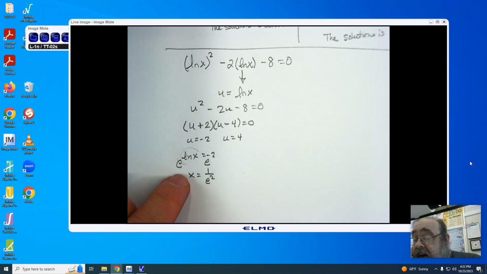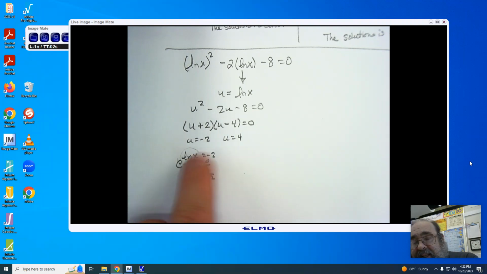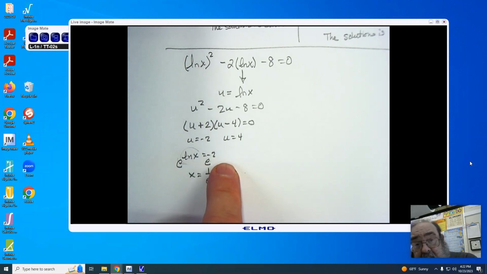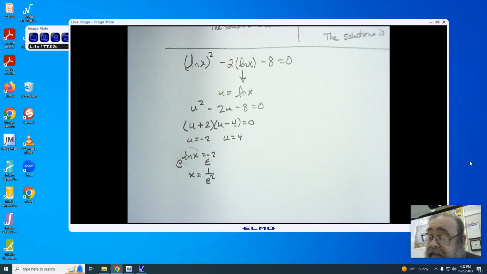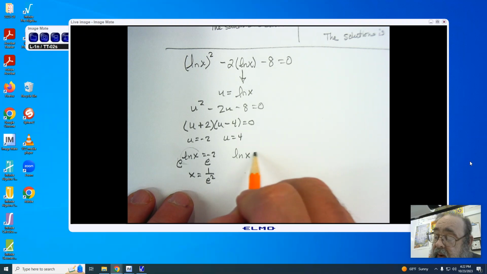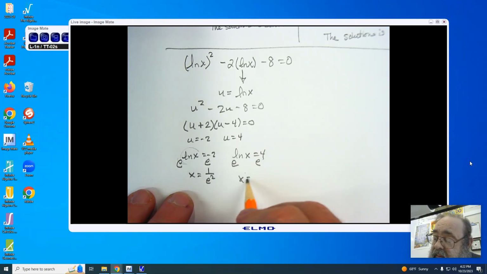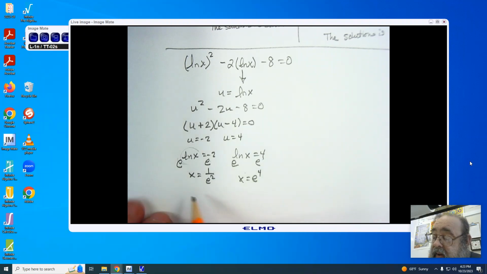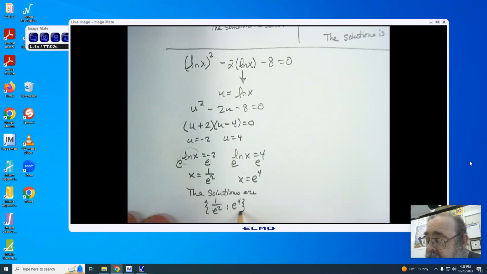I was thinking, wait a minute, it doesn't inside. But that's outside, and that's an exponent. And exponents can be negative. Then we have the natural log of x equaling 4. I'm going to exponentiate again so that x is equal to e to the 4th. The solutions are 1 over e squared and e to the 4th.